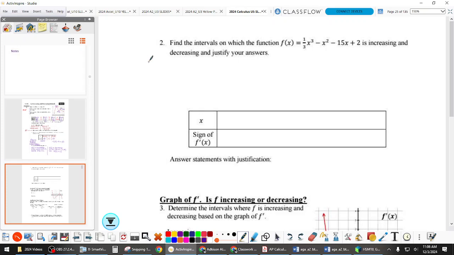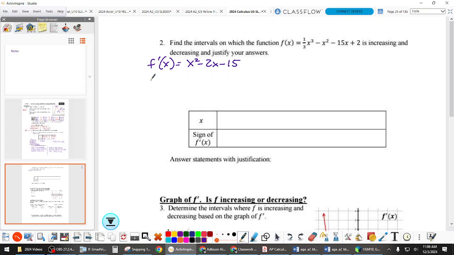So, same process, right? To do the derivative, tell me about the nature of this derivative, what it looked like. Just like a parabola opening up.